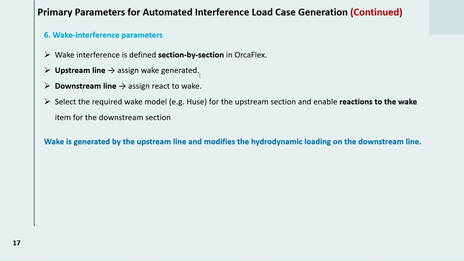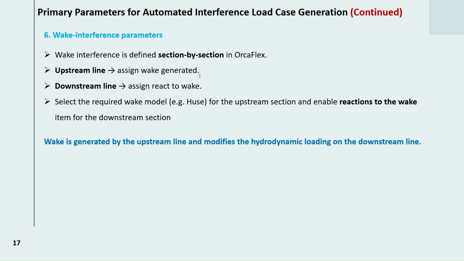So, for the upstream section, we select the required wake model, for example, Hughes, and for the downstream section, we enable reacting to the wake. The key point is that the wake is generated by the upstream line and modifies the hydrodynamic loading on the downstream line.